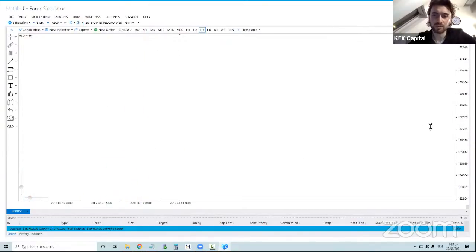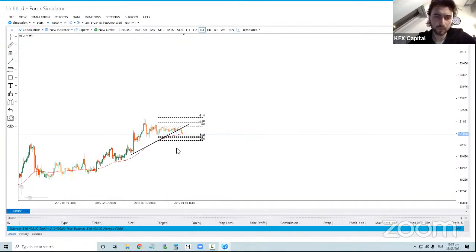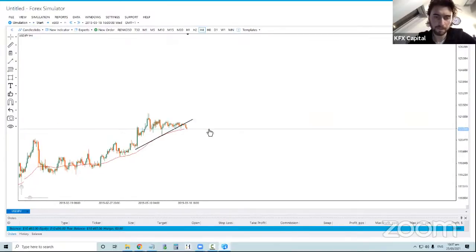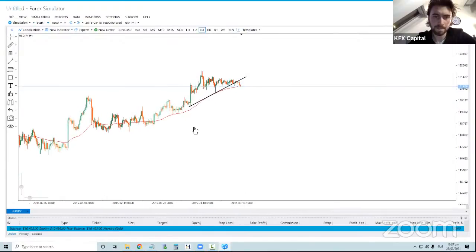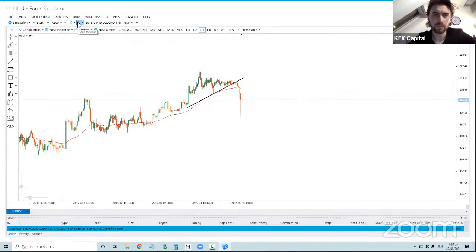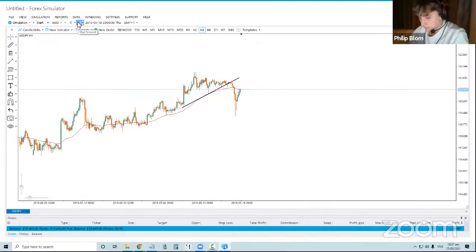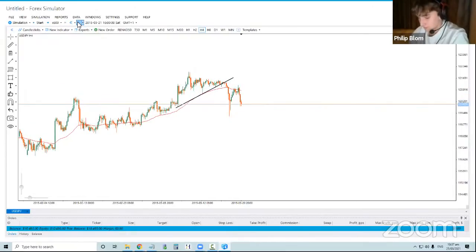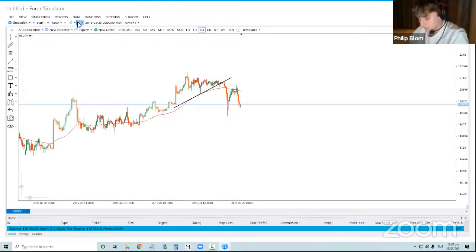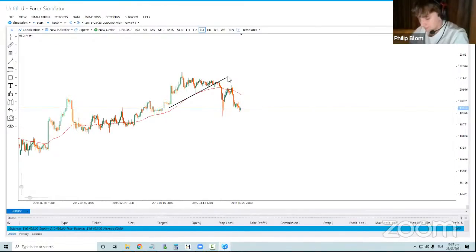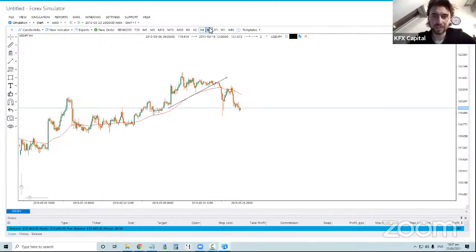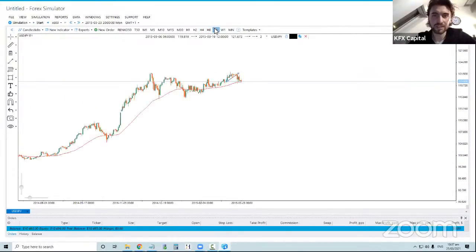So the trend line's broken, so just reevaluate. I look at the bigger time frames again, 8-hour, daily, and see what's going on, see if it's been respected.